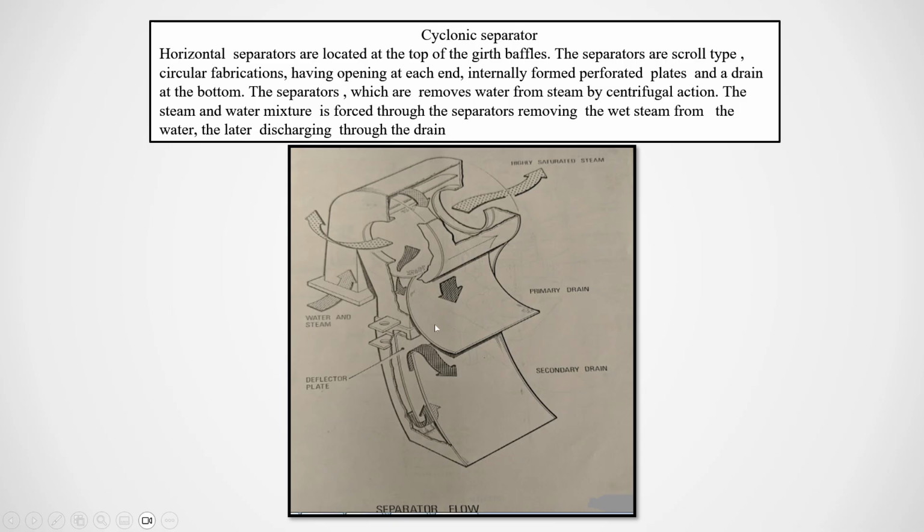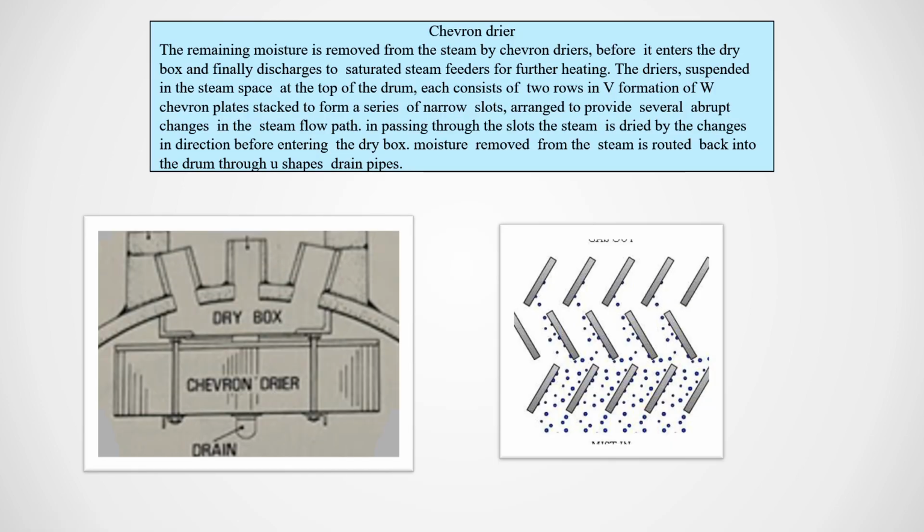So the purpose of the cyclonic separator is to separate the steam from the water coming through the feed water line. Steam goes to the steam side of the drum, and water goes to the bottom of the drum. That is the main purpose of the cyclonic separator.